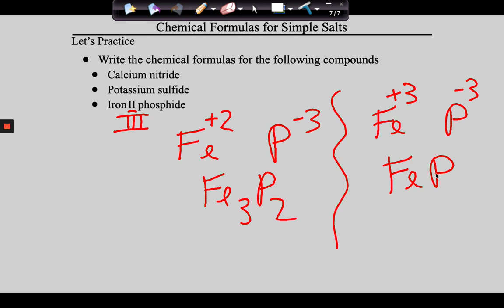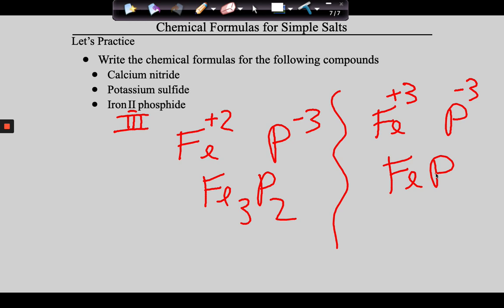I have both of these in bottles. Both of these salts exist, but they're radically different. So I chose the 2. We could have just as easily chosen the 3, and both of these exist. That's a great question. And so what's going to happen today is you'll always be told.